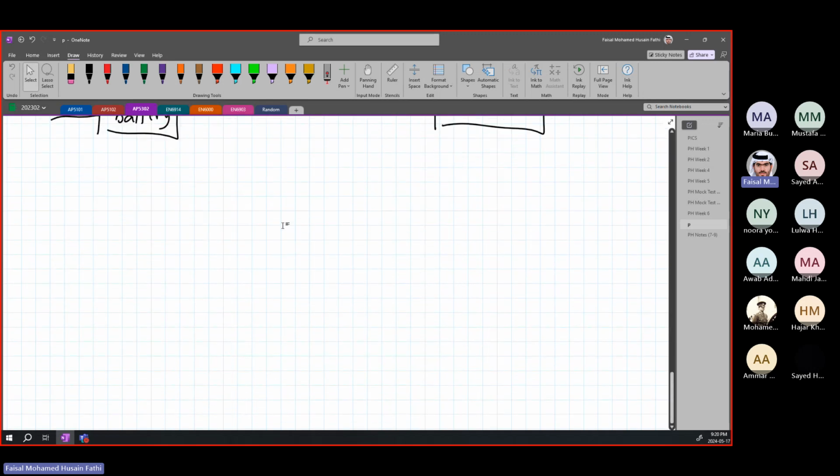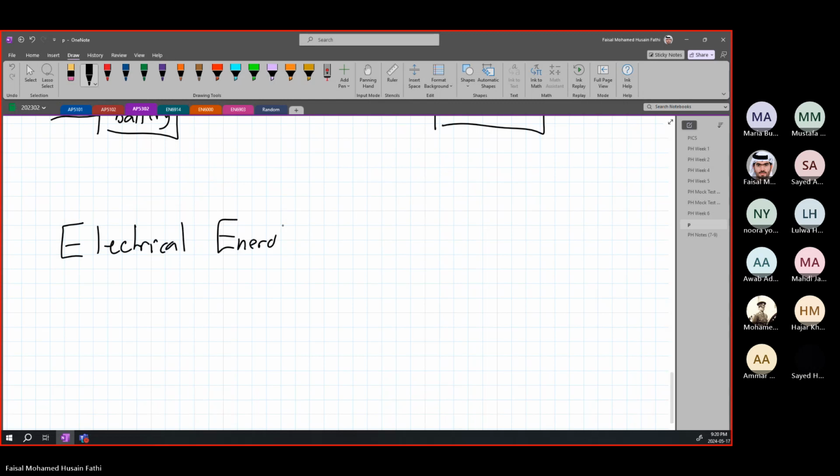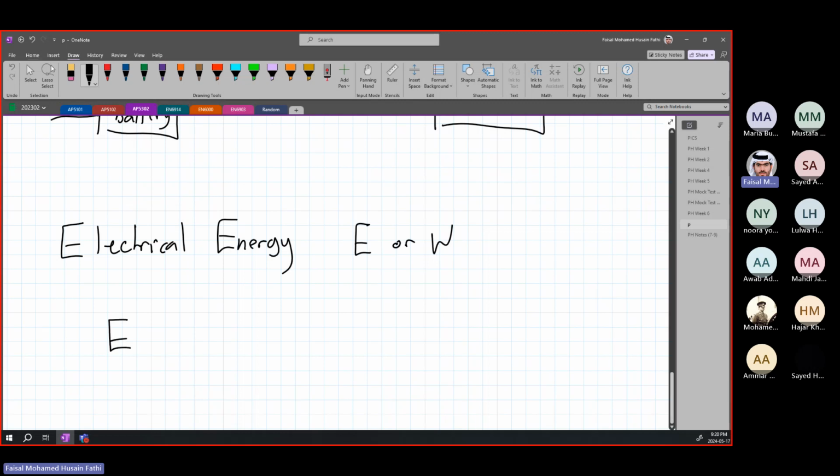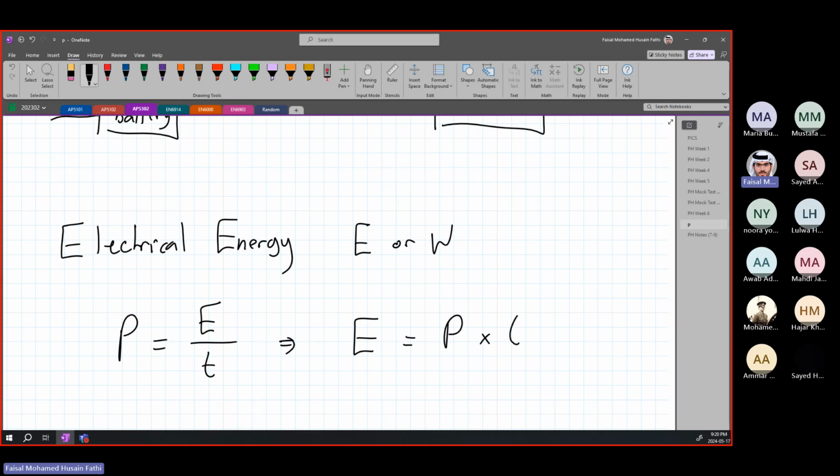So if a question is ever asking for electrical energy, this is simply just E or W, the work done or the energy. Remember that power is equal to energy over time. Therefore, you can say that energy is simply power times time.